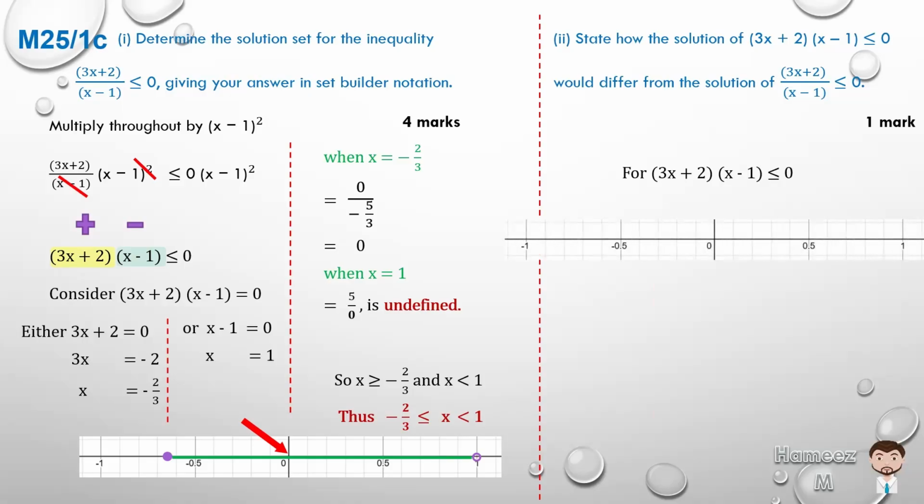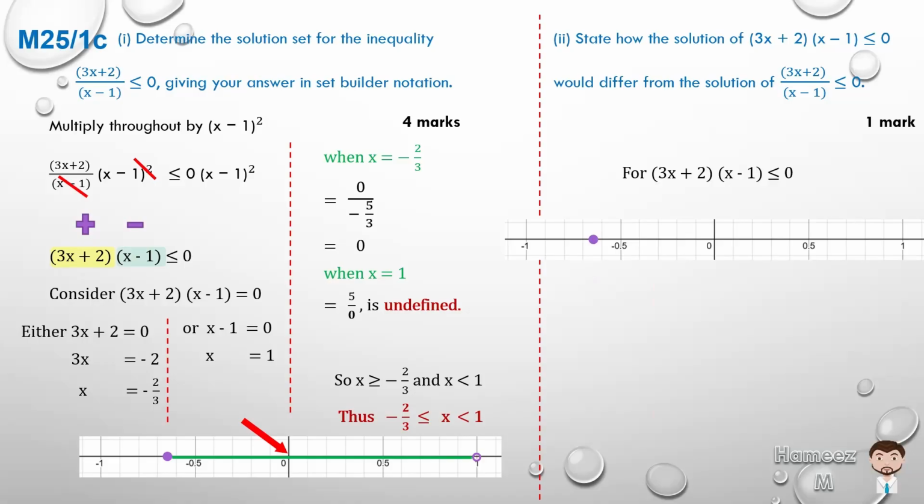We have already done the working. When x is minus 2/3, on the left-hand side, that is one result. At that point, this expression works out to be 0. When we substitute it, we can see 3 times minus 2/3 is minus 2. Minus 2 plus 2 is 0. 0 times anything is 0. So it works here at minus 2/3.